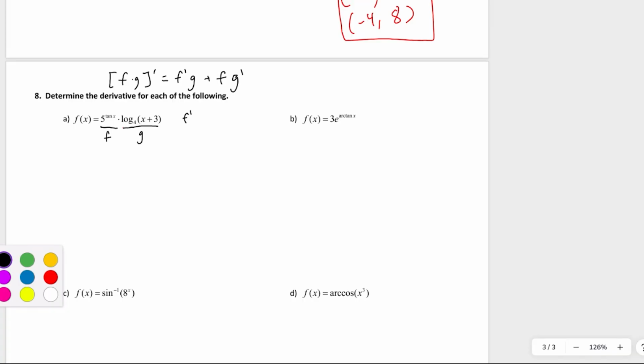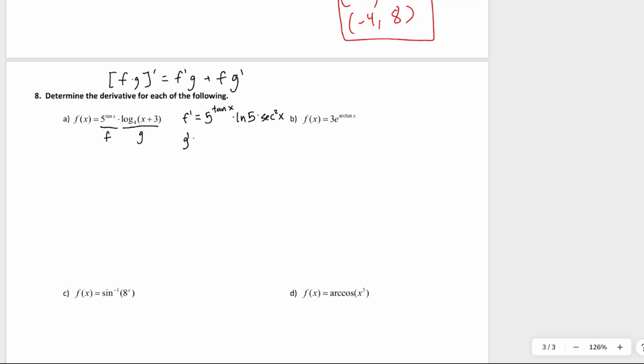So f prime is going to be 5 to the tangent x times natural log of 5 times the derivative of tangent x. And the derivative of tangent, as we know, is secant squared x. So that's our f prime.